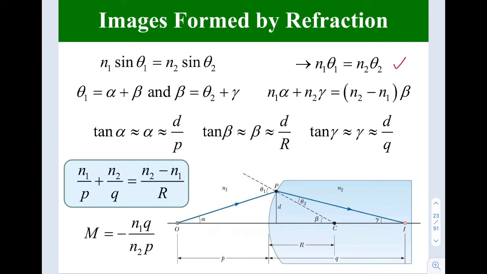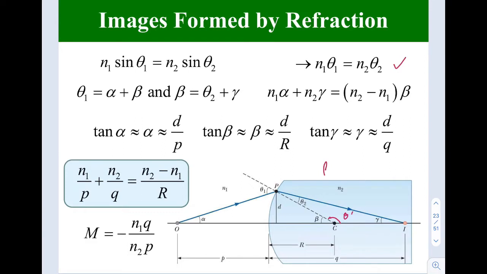So how does this happen? You have to play around with it. Let's say this angle is theta prime. Then theta prime plus theta 2 plus gamma must equal 180 degrees, isn't it?